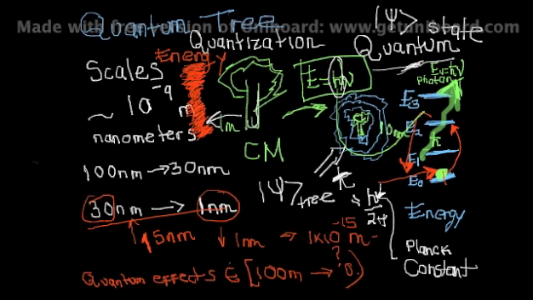The quantization appears when you have a discrete spectra of energy. When you don't have continuous spectra, when you have a continuous spectra, you have a classical mechanics. In quantum mechanics, you have discrete levels of energy.